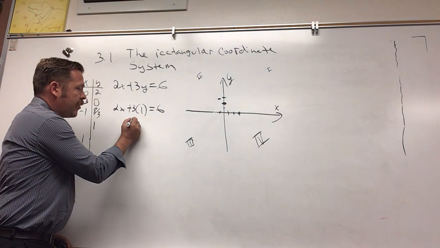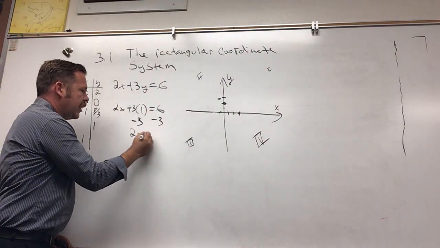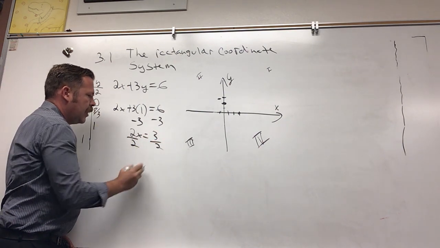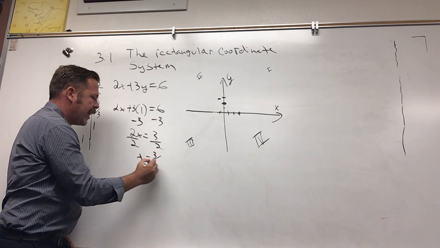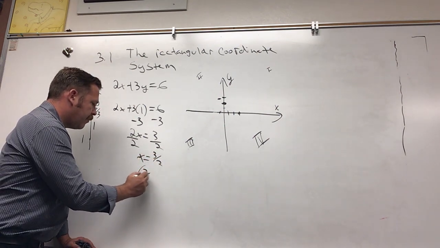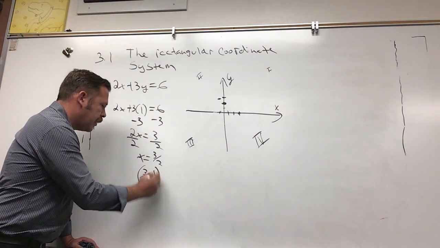If I want to get rid of that 3, I can subtract 3 from both sides, and I have 2x equals 3, and then I'll divide by 2, and I get x equals 3/2, right? So now I have this x value of 3/2 and a y value of 1.